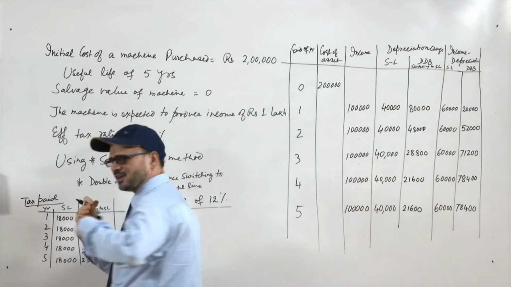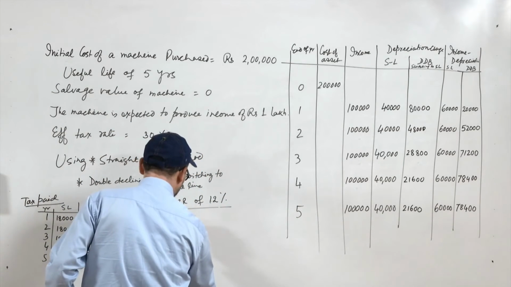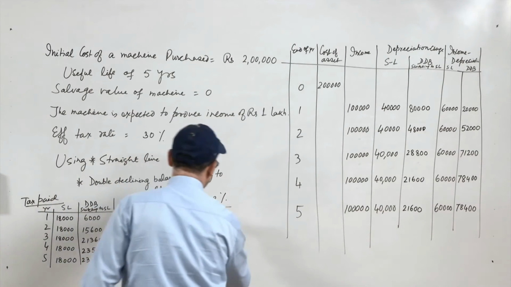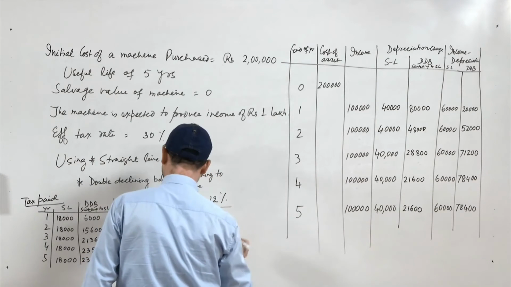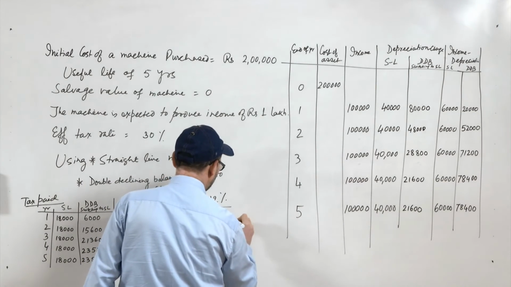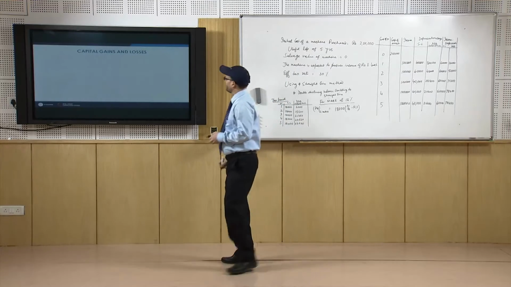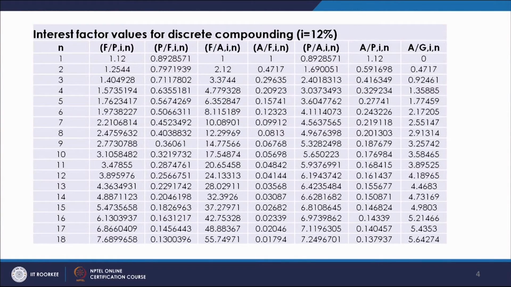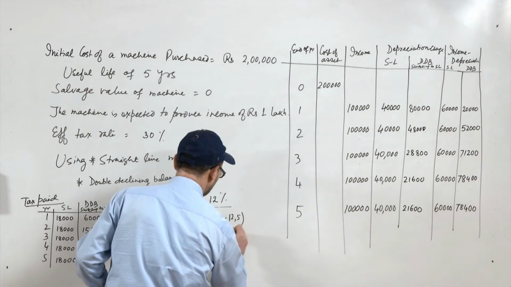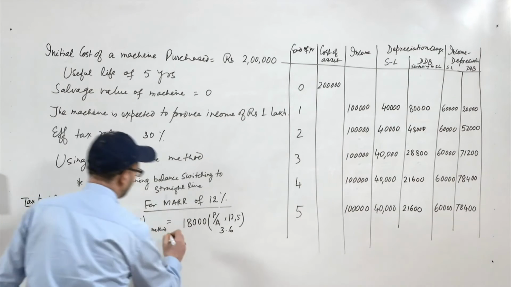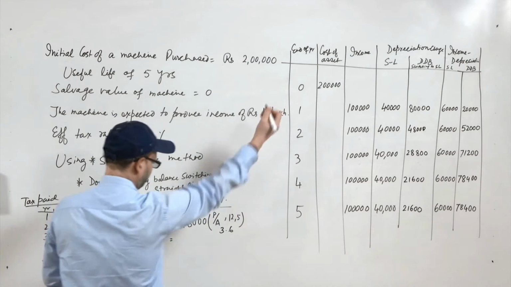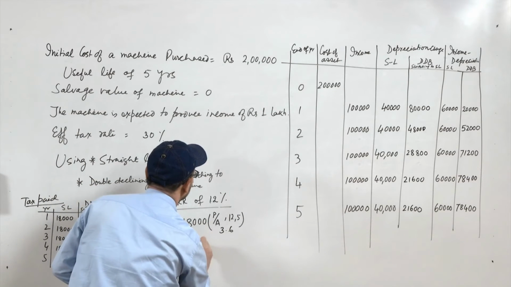So, present worth means at 0 time 18,000 multiplied by P by A 12.5, we can get it from here. P by A 12.5 will be 3.60. So, it will be 64,800.